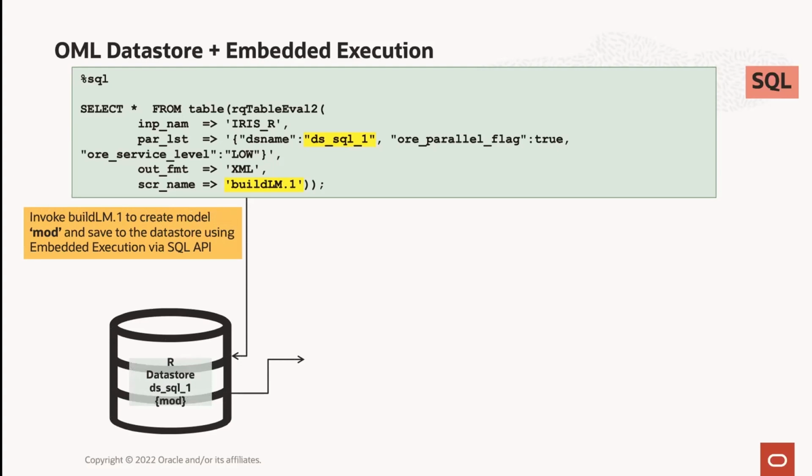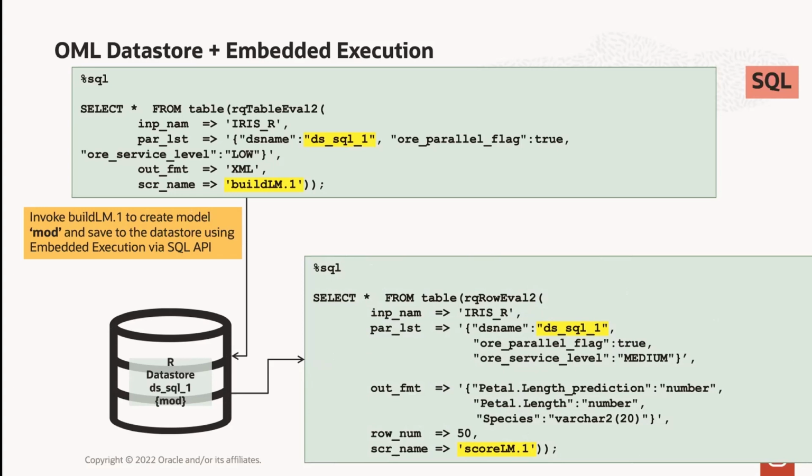Next, we can access that model saved in the data store to conduct scoring by invoking the score LM1 function and passing in the name ds SQL 1 for the data store. We will invoke the RQ row eval2, passing in the function score LM1.